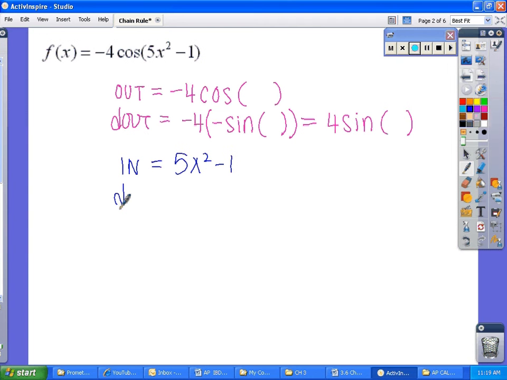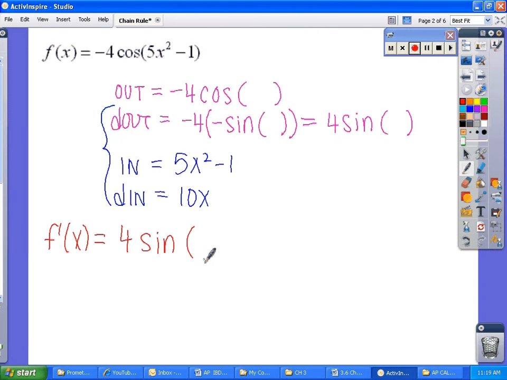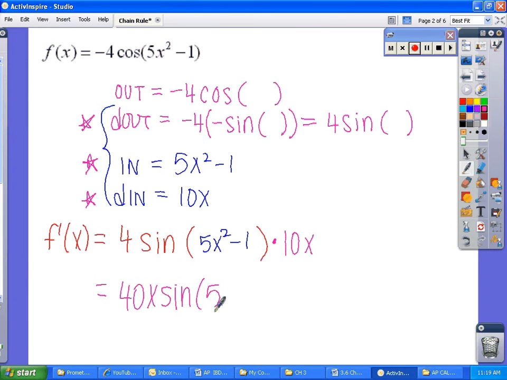The derivative of your inside function is 10x. If you do it in this order, you'll notice these three give you the derivative of f. Take the derivative of the outside, leave the inside exactly the same as you saw it before, multiply by the derivative of the inside. So the final answer for this one becomes 40x sine of 5x squared minus 1.